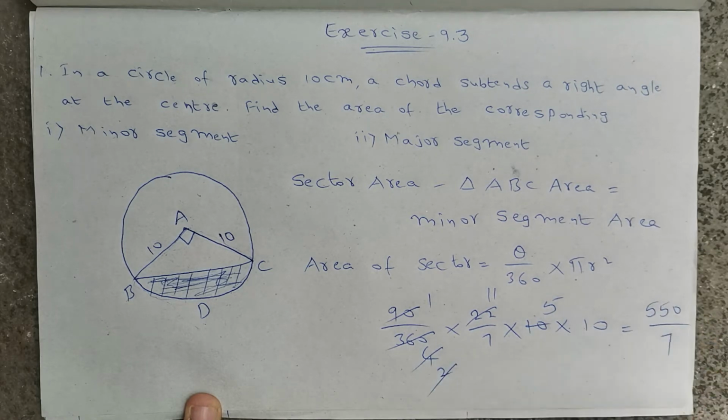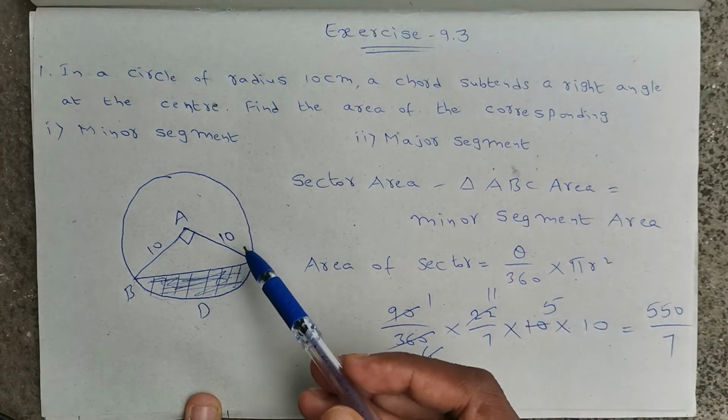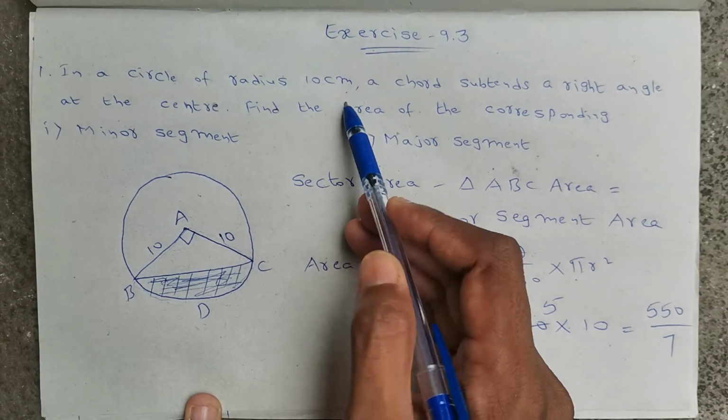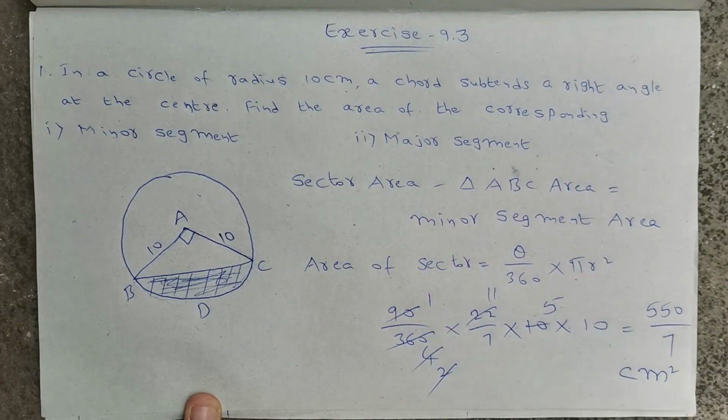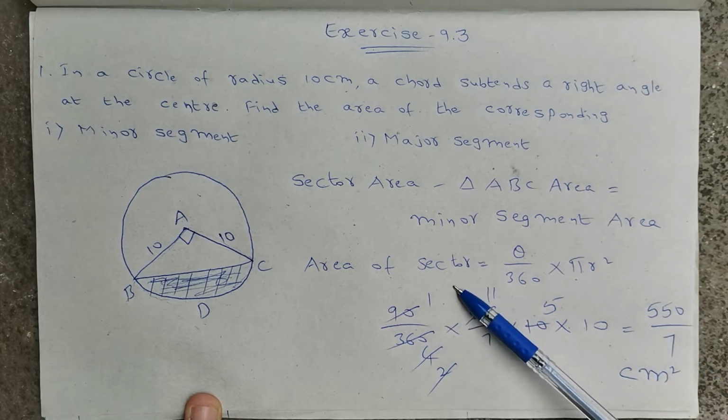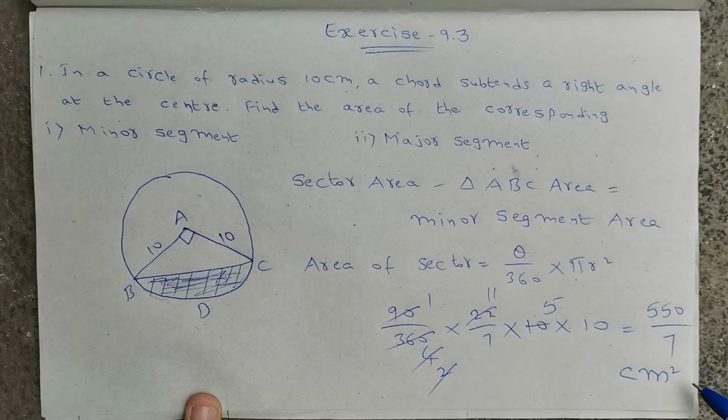So area of the sector we got as 550 divided by 7, and all the measurements are in centimeters, so this area will be centimeter square. If you observe clearly, we got the area of the sector as 550 divided by 7 centimeter square. Here I am not writing the decimal point of this because it will be used as it is in the next step.